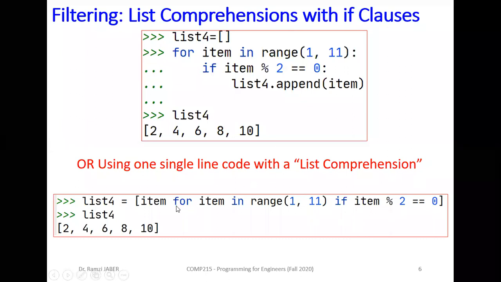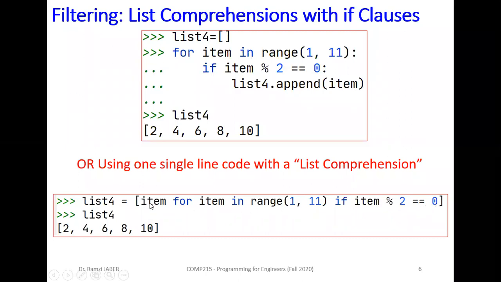For item in range 1 to 11, without a colon, space, if item modulus 2 equals 0, without a colon. As you can see, no colon here. So these two parts are written side by side. This is true, so the item will be an even number.